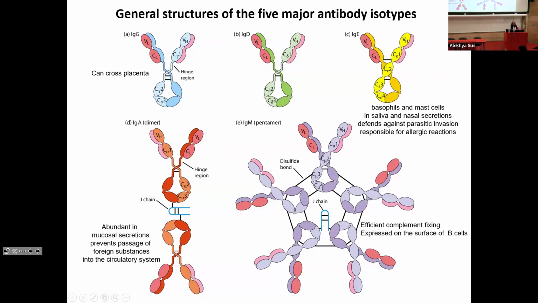IgM is a pentamer and is very efficient in what's called complement fixing, and can really activate cells in the presence of complement. So their functions vary, and it's important to remember that the antigen recognition doesn't change, but the functional aspect, the Fc portion, is different when we say antibody isotypes, okay?